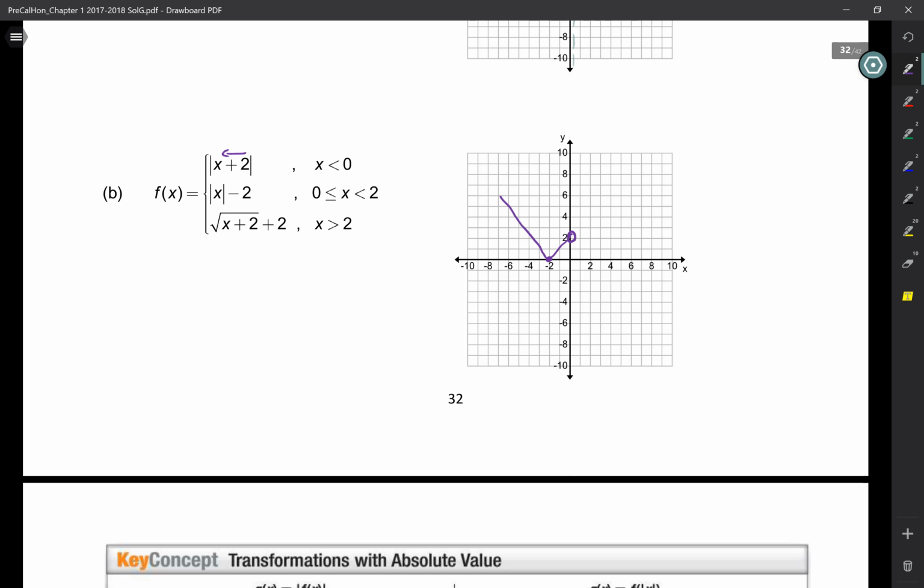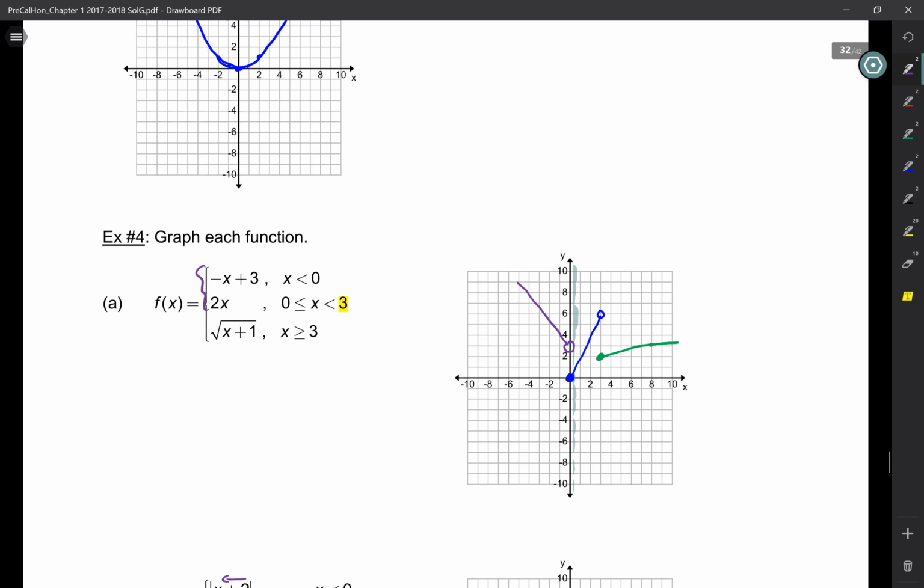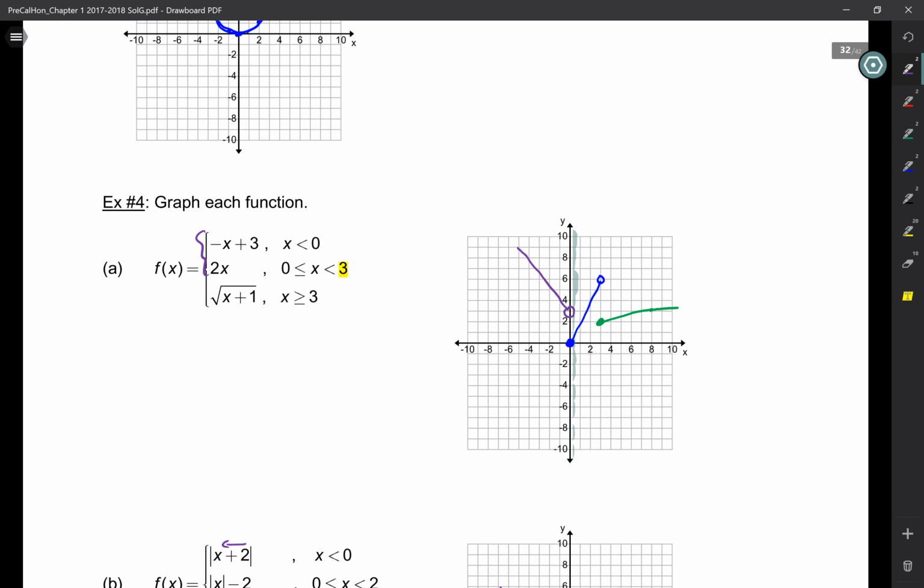Wait, so I'm confused. For the square root function, you don't do the horizontal shift inside. No, because the thing is, that's x plus 1. All that says is, had I stretched this further, the end point would have been at x equals negative 1.